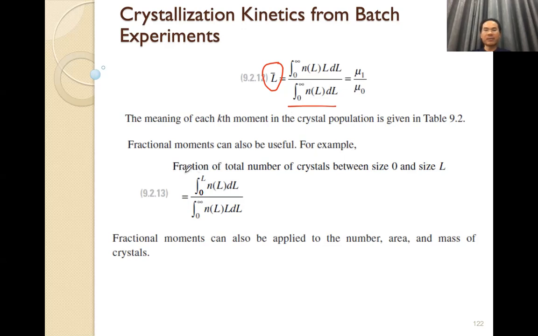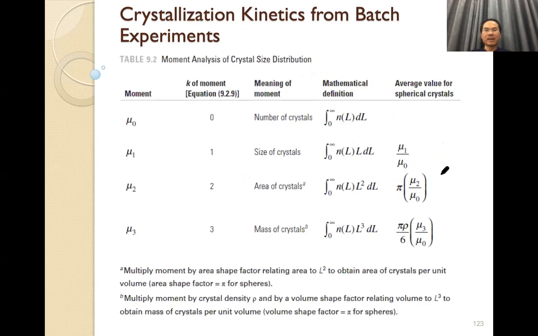And the fraction of the total number of crystals between size 0 and size L: for the total, we integrate from 0 to infinity, and for this case it is 0 to L. This is the fraction from 0 to L divided by the total. This is the fraction of the total number of crystals between size 0 and size L. We can summarize this in the table.